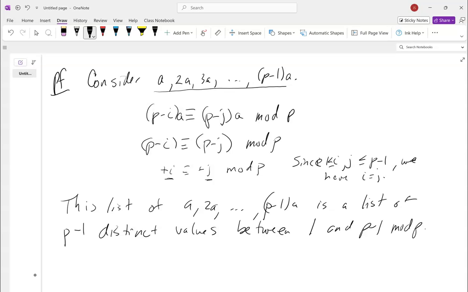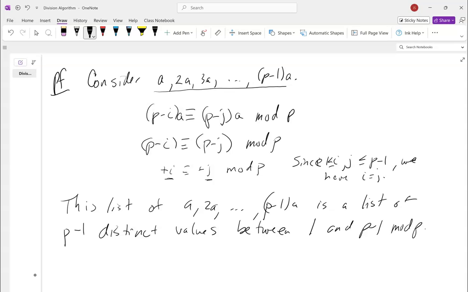Okay, so I get a list of distinct values, and it has P minus 1 distinct values, all of which are between 1 and P minus 1. So that means that if I rearrange this list and do congruence mod P, I get the list 1, 2, 3, 4 up to P minus 1. Right?